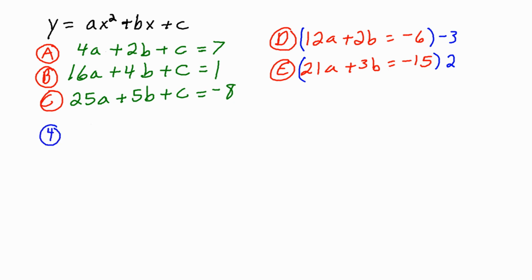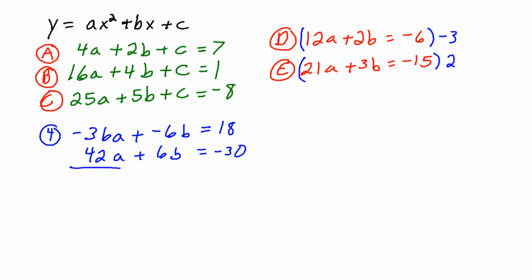So in my next step, I want to multiply equation D by a negative 3, which will give me negative 36a plus negative 6b equals 18. Now multiply equation E by 2, and my result is 42a plus 6b equals negative 30.